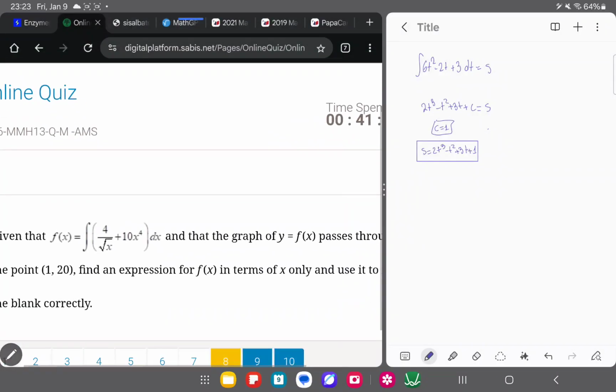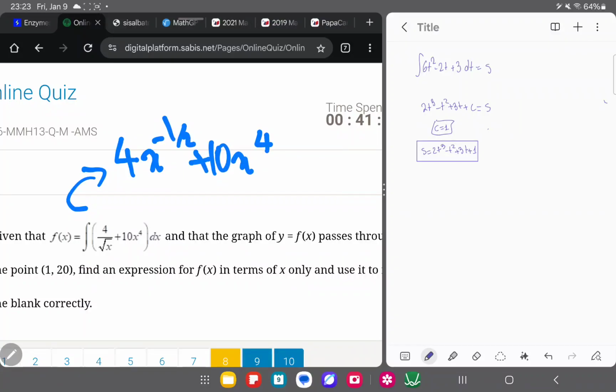We are given that f'(x) is equal to 4 over square root of x plus 10x to the power 4, so we can rewrite this as 4x to the minus half plus 10x to the power 4. So we'll just integrate that. f(x) is equal to the integral of 4x to the minus half plus 10x to the power 4.